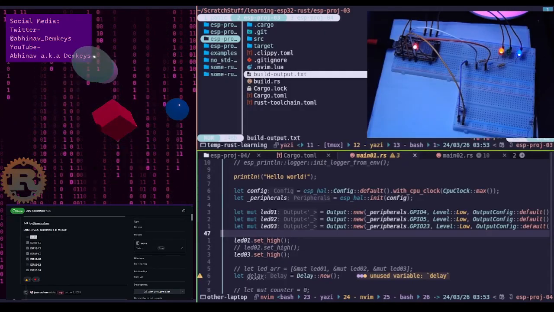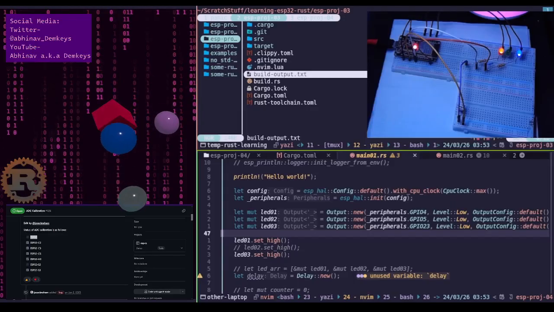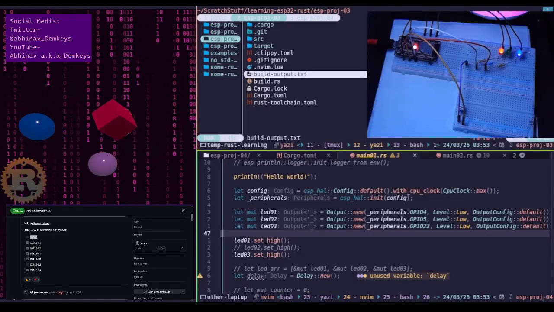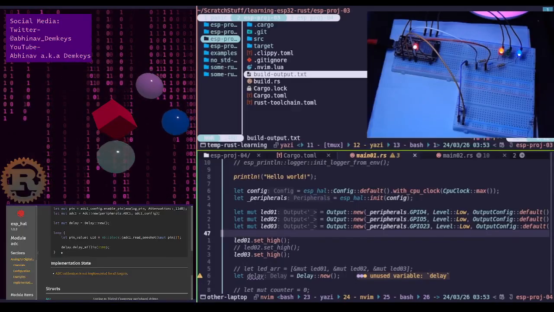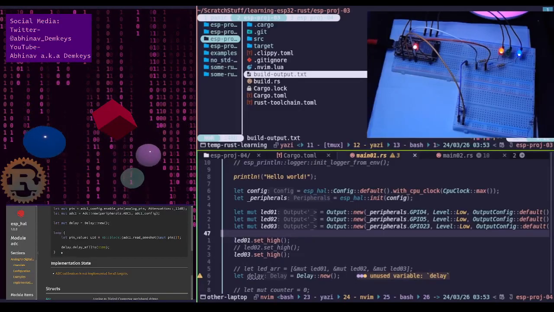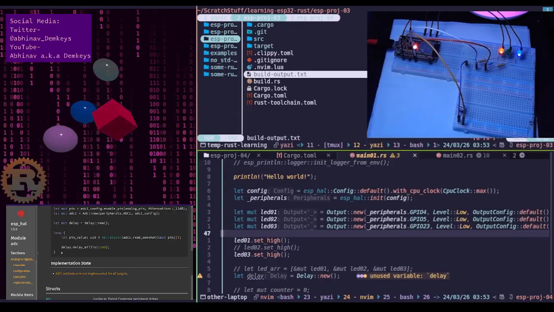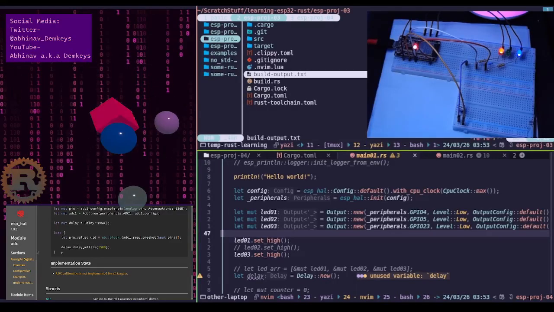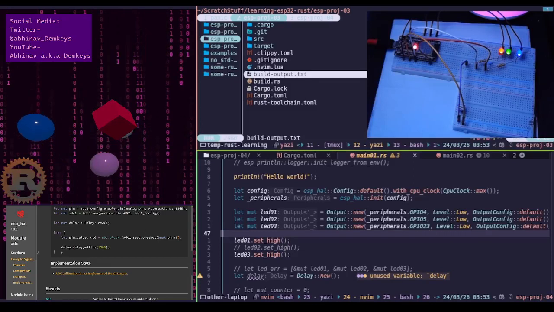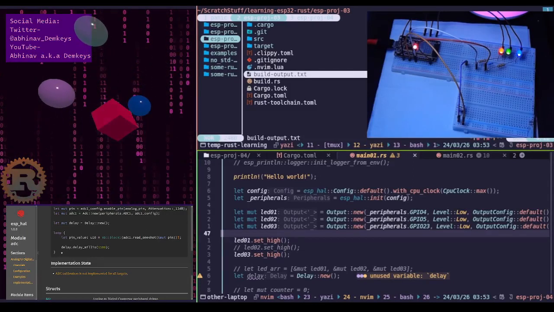However, the crate mentions something very specific. I want to get that wording right. Okay, however, the ESP HAL. Oh, okay. Yeah, never mind.